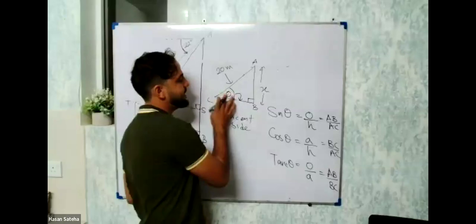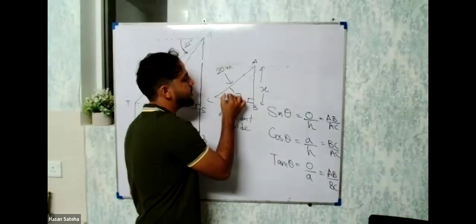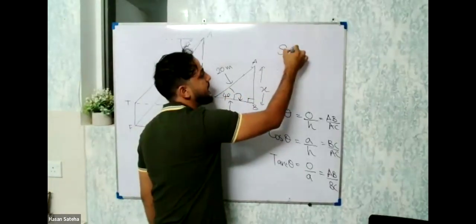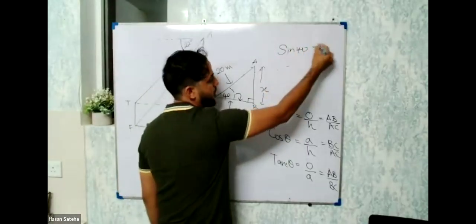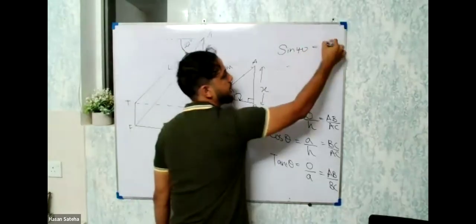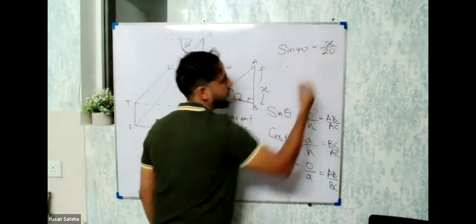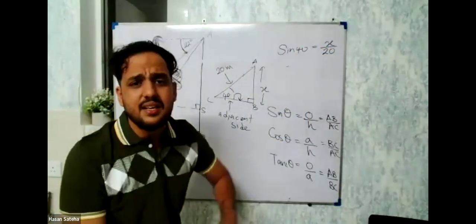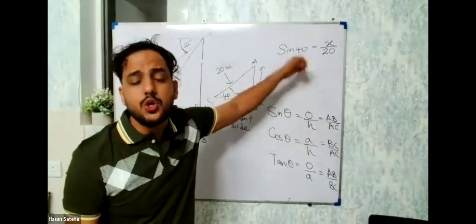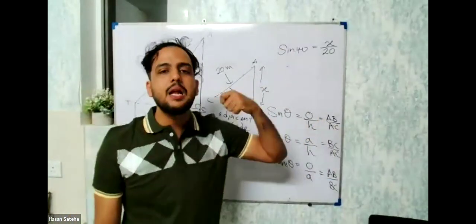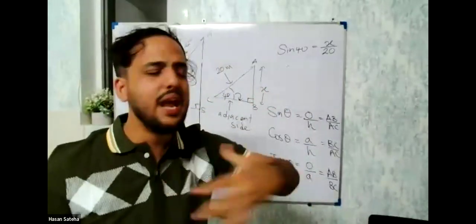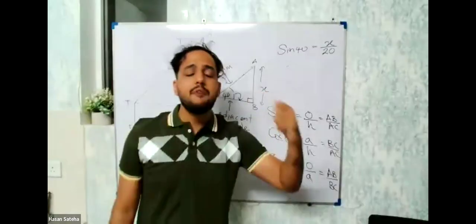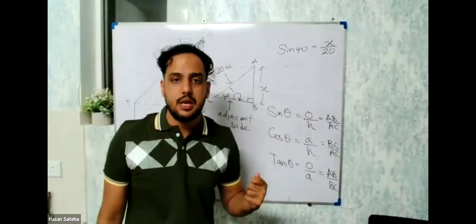Let's say this angle is given as 40 degrees. So now you will write sine 40. The angle is known now, theta is 40. So sine 40 is opposite over hypotenuse, x over 20. Now, the values of these ratios are known. You have a table to find out the values of these ratios. Any sine, any cos, any tan, you have to know how to use the trigonometric table.